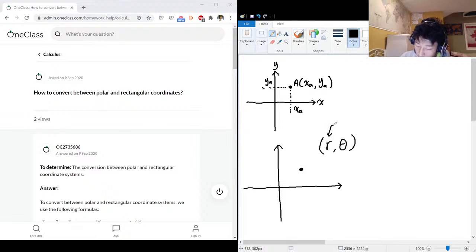The r value corresponds to the radial distance, and the theta value corresponds to angle. And you do need to define our zero angle point. So let's say this horizontal axis here is going to be our zero angle.